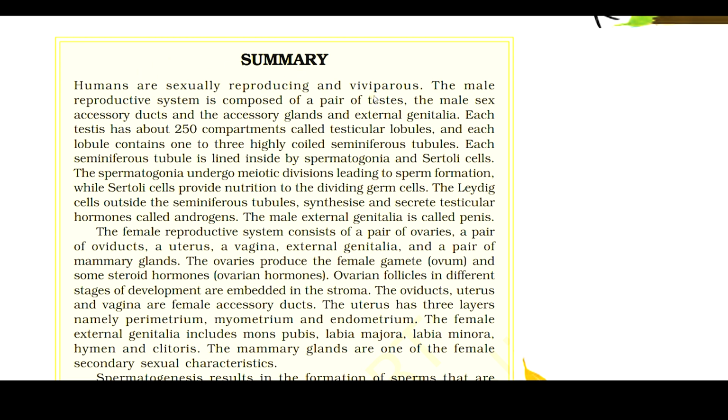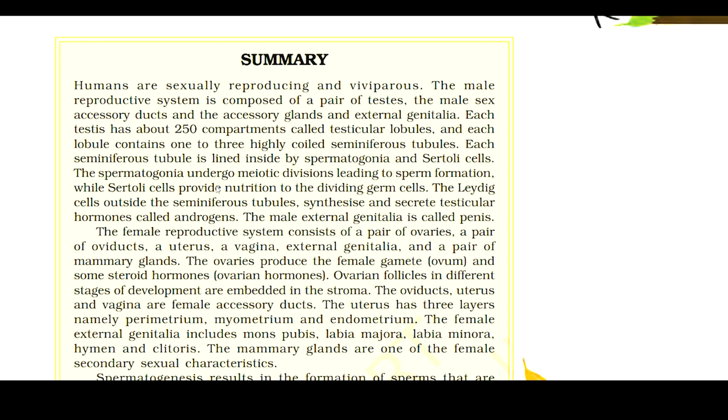Summary: humans are sexually reproducing and viviparous. The male reproductive system is composed of a pair of testes, the male sex accessory ducts, the accessory glands, and external genitalia. Each testis has about 250 compartments called testicular lobules, and each lobule contains 1 to 3 highly coiled seminiferous tubules.